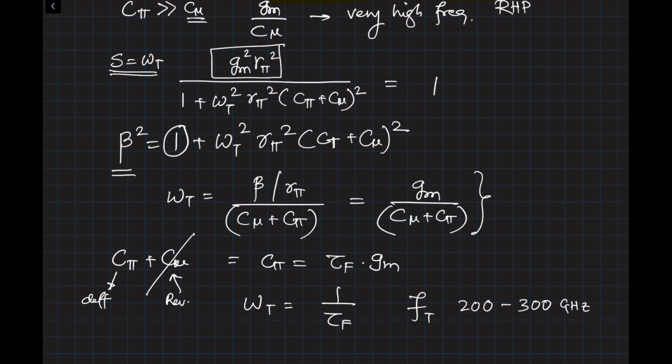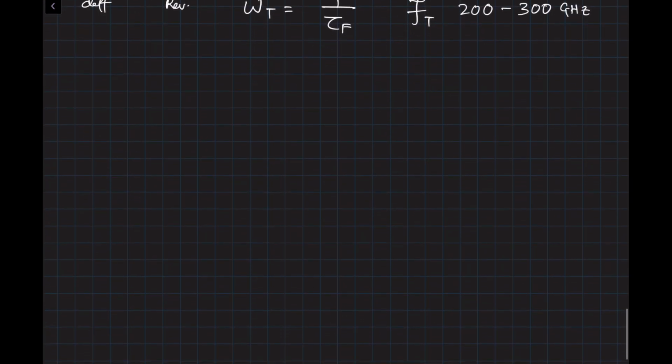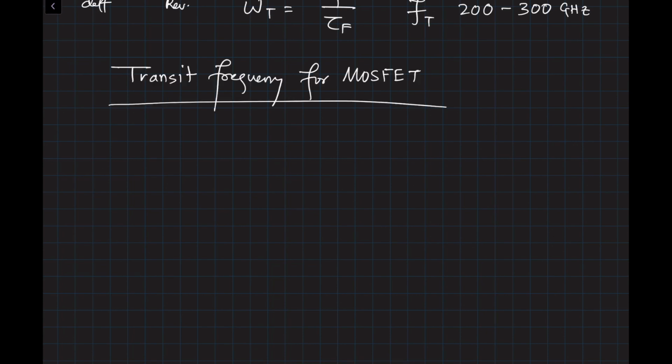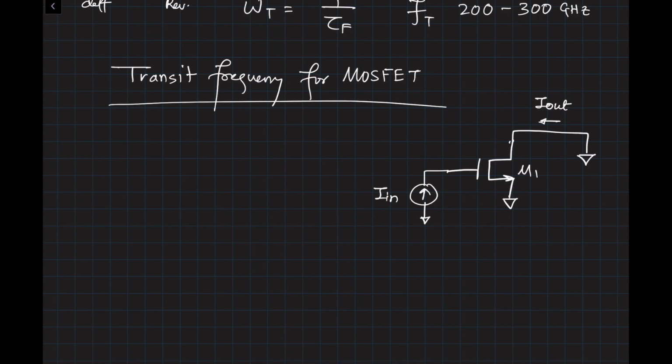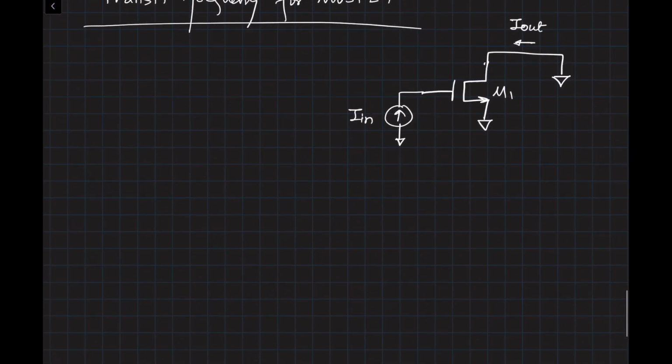We can do something similar for our MOSFET, and let me do that for you. The transit frequency for MOSFET, we can do the exact same analysis. Again, this is a small signal analysis, and this is our transistor M1. Now, if I draw the small signal model including the capacitances of the device, it's going to look like this.